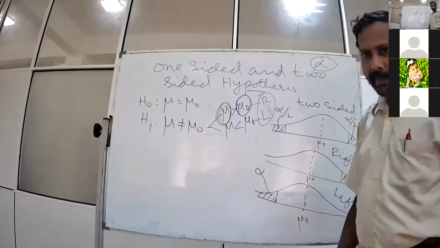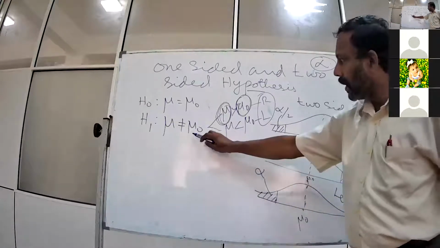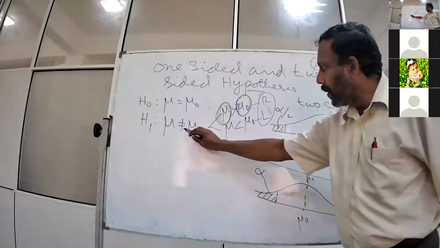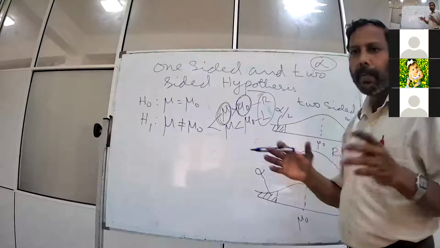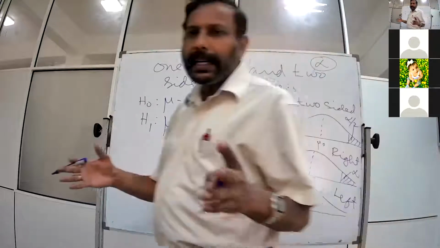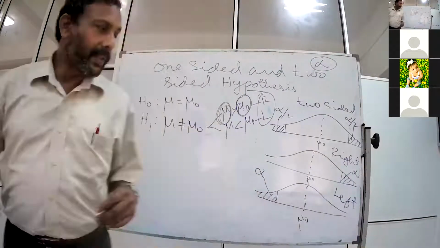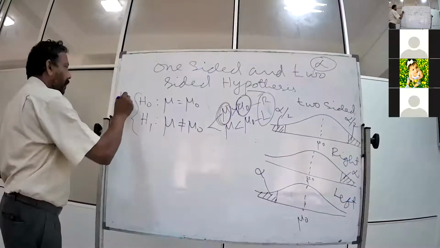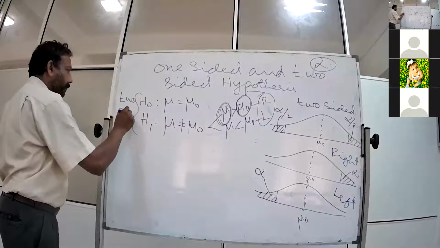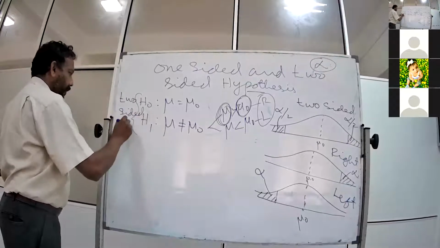Is it clear? If you say mu not equal mu naught, that means it includes both sides. In other terms, it is a two-sided test.